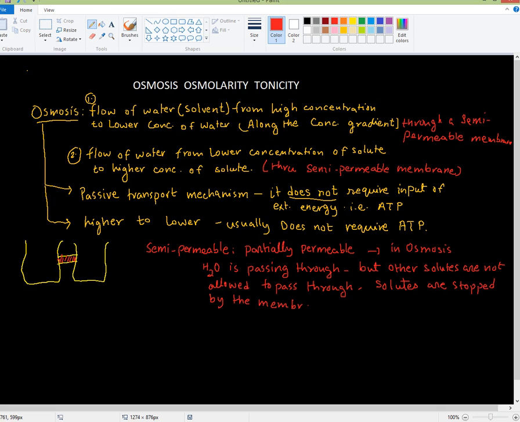It's similar to our body cells. If you look at our cell, let's see, if it's a cell and there's a nucleus and other organelles inside, okay, this boundary is the plasma membrane, which is semi-permeable. That's why it is important to understand osmosis in biology.